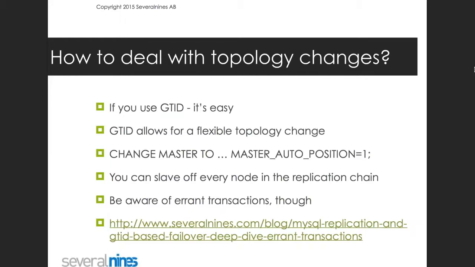And then you can slave off any point in the replication chain, and you can move slaves around as you deem fit. And what you want to keep an eye on are the error transactions. So we will be discussing them towards the end of this webinar.